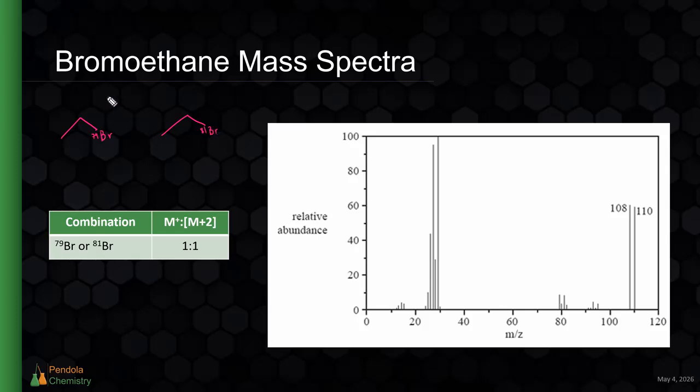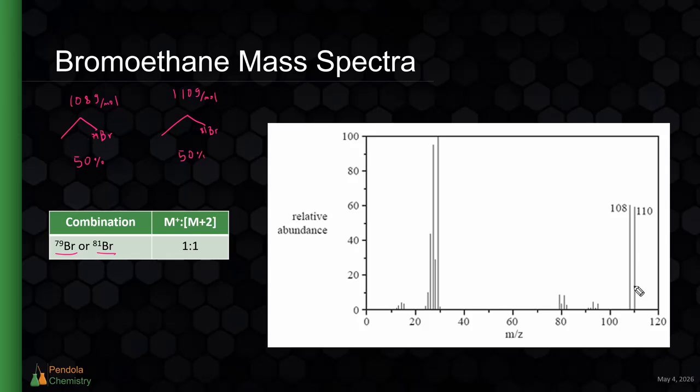This one would have a mass of 108 grams per mole, whereas this one has a molar mass of 110 grams per mole because of those 2 extra neutrons. And now if we remember, because bromine's isotopes are a 50-50 ratio, both of these compounds are as likely to happen. Half of the bromoethane in the universe is bromoethane-81, and the other half is bromoethane-79.